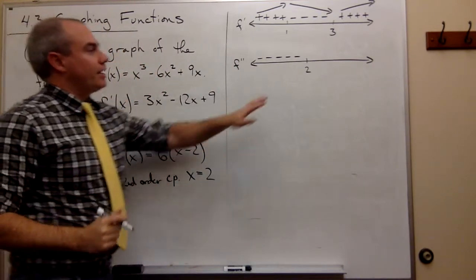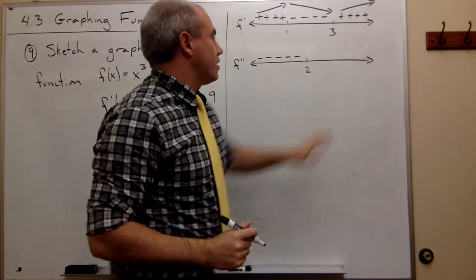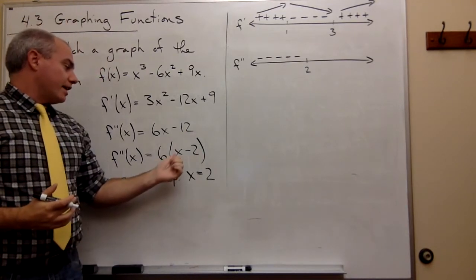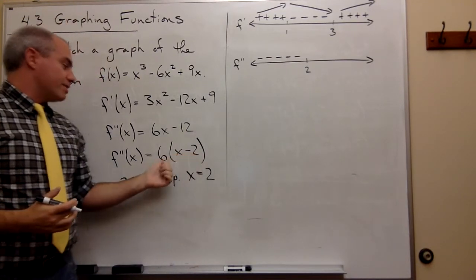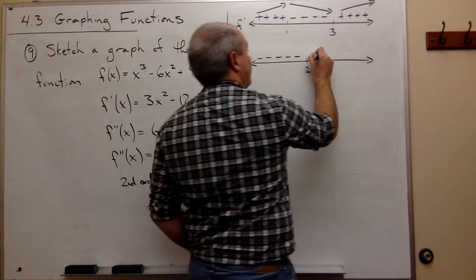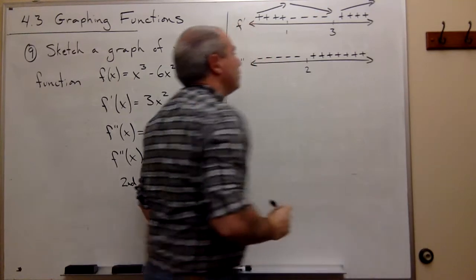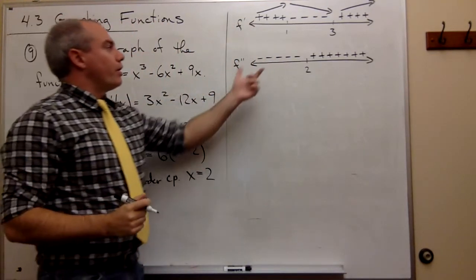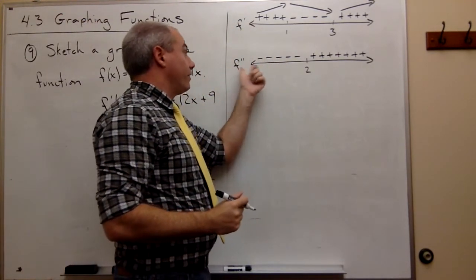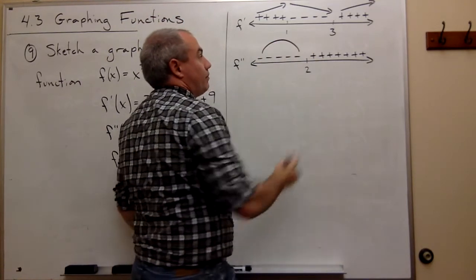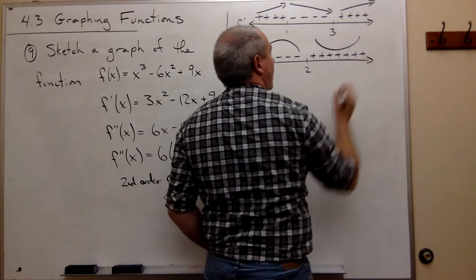And if I plug in something over on this side in this interval, like maybe 3, I plug in 3 and I get 3 minus 2 is 1 times 6 is 6, which is positive. So I put in some positives. And now I remember, okay, in the second derivative, negatives mean concave down, and positives mean concave up.